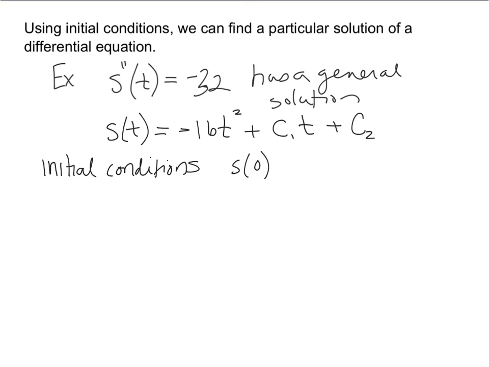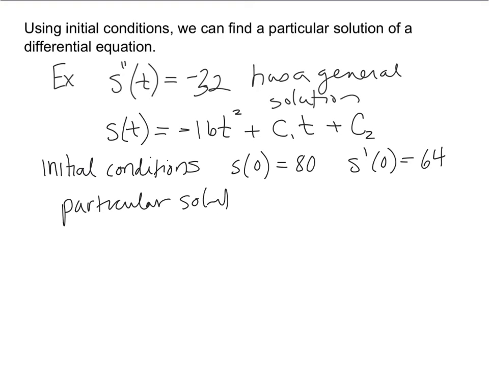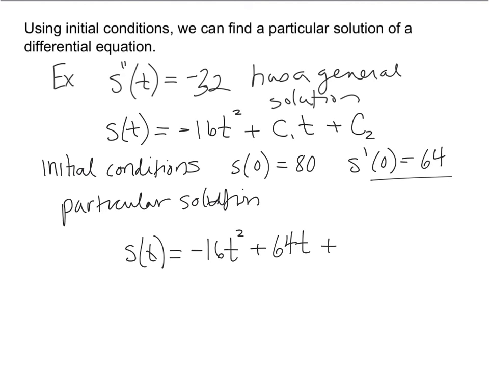I would say that s of 0, at time 0, was 80, and s prime of 0, the slope at that point, is 64. And so in that case, my particular solution to the differential equation would be s of t equals negative 16t squared plus 64t, because the first constant is the first derivative at 0, that's the linear term, and then plus 80.